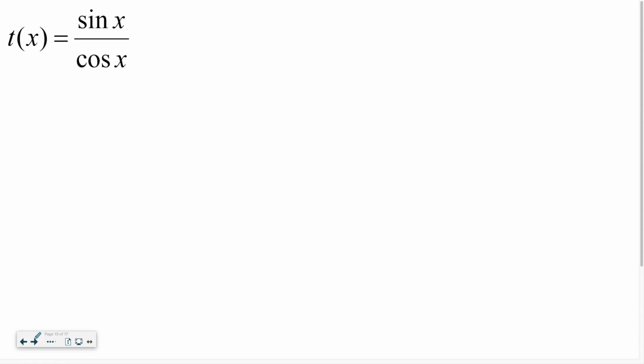This will be our last example. Sine of x over cosine of x equals what? You keep that in mind. We have a quotient, so we can use the quotient rule.